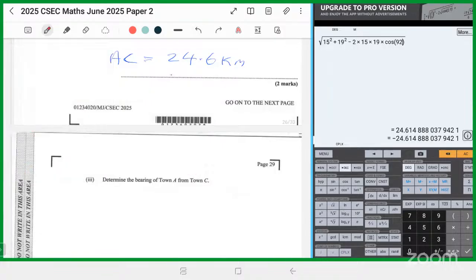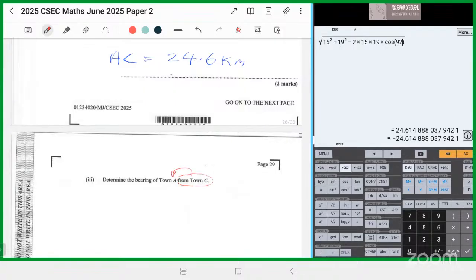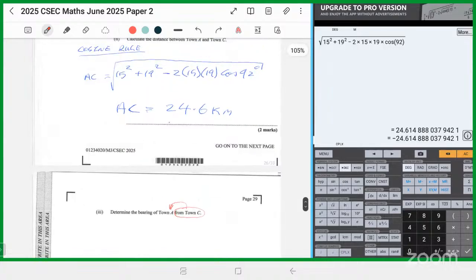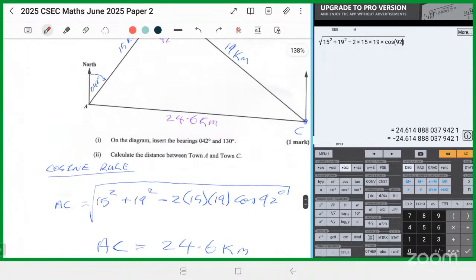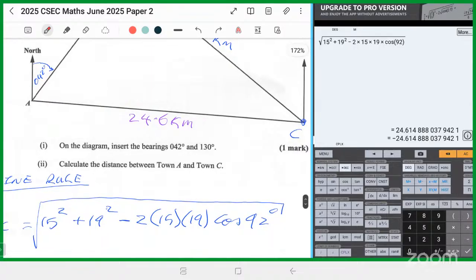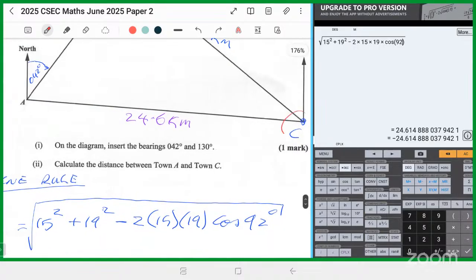So it's from C to A. So the bearing must be measured at C, the clockwise angle from the north line at the from position. All right, the diagram is kind of small. We want the bearing at this angle here. So we want a clockwise angle from the north line around here. That is the angle over this angle.